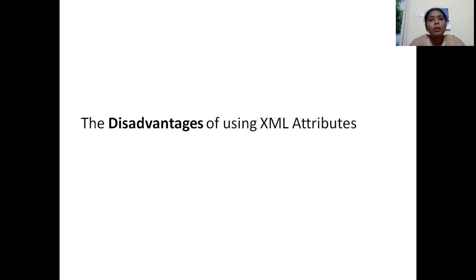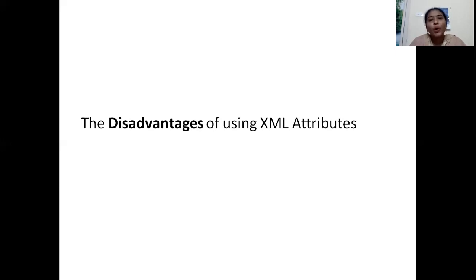The fourth disadvantage is that XML attributes are more difficult to manipulate in program code. If I need to do any manipulations using XML attributes, it is very difficult. Coming to the last disadvantage, XML attribute values are not easily tested against DTD. It is very difficult to test against a document type definition. So these are the different types of disadvantages we can see in XML attributes.